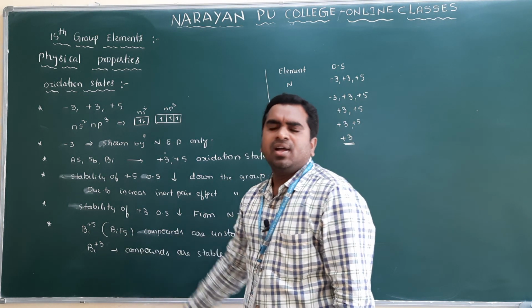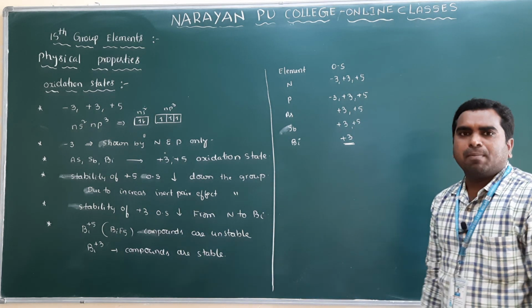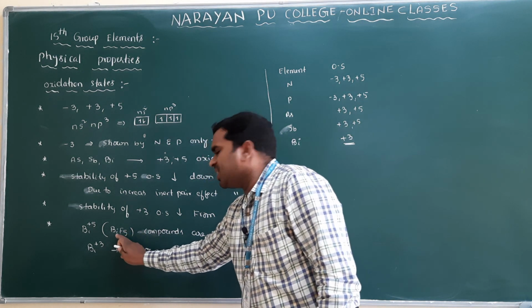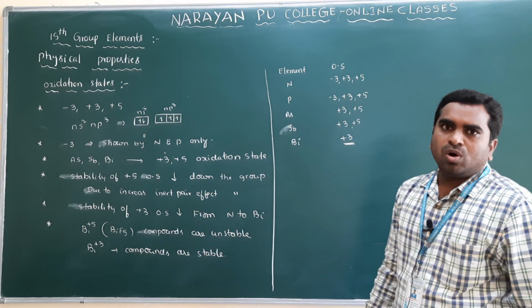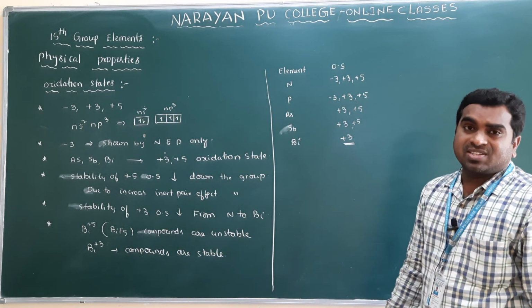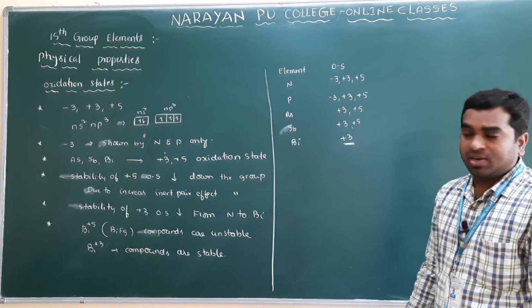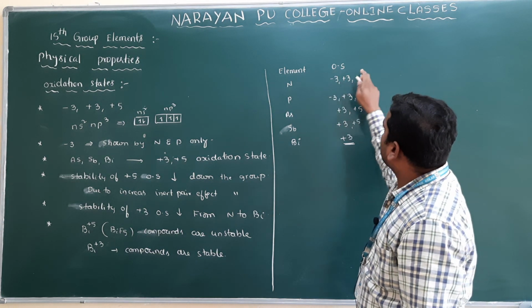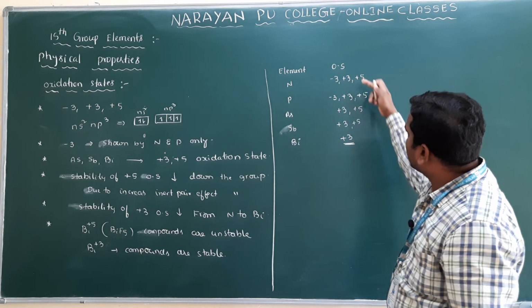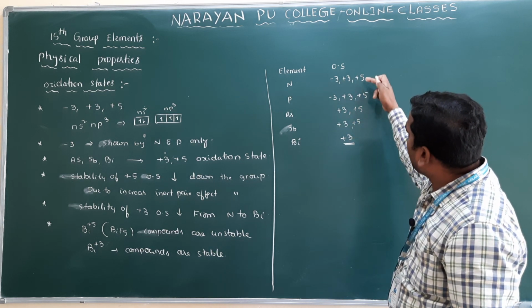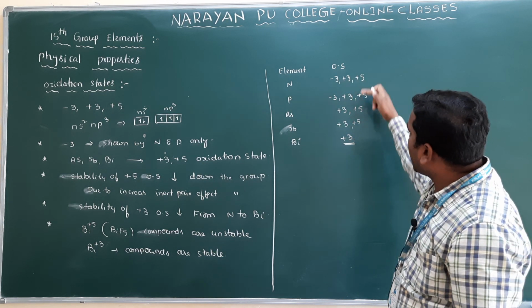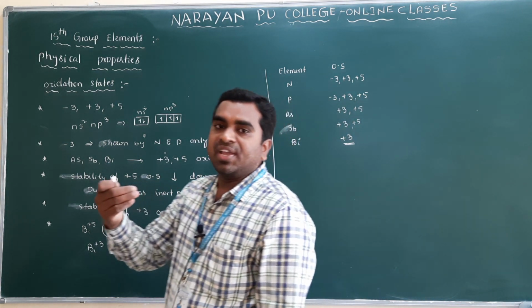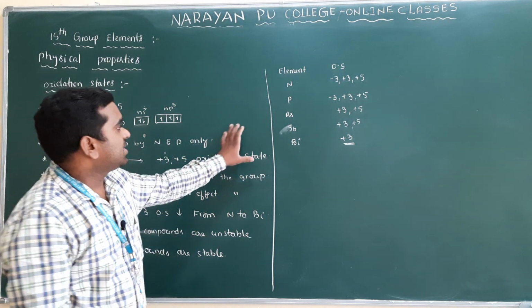It will also show +5 only in BiF5, the bismuth pentahalide compound, which has +5 oxidation state and is somewhat stable. Remaining bismuth pentahalides are unknown or unstable. Clear? So as we move down the group, the stability of the +5 oxidation state decreases and the stability of the +3 oxidation state increases.